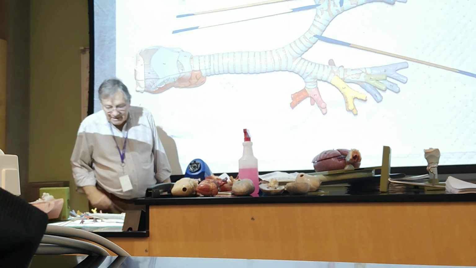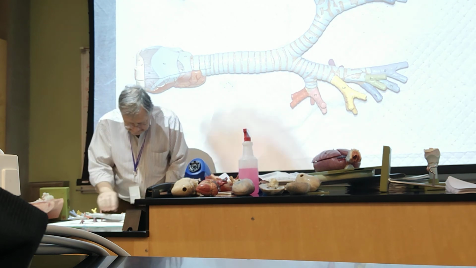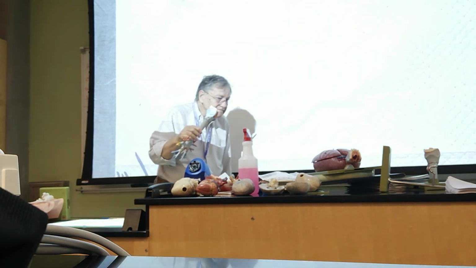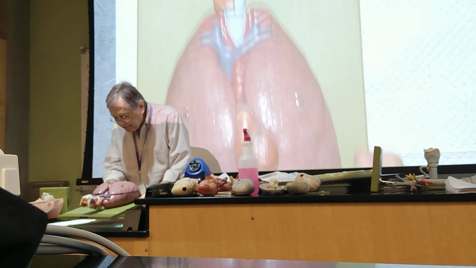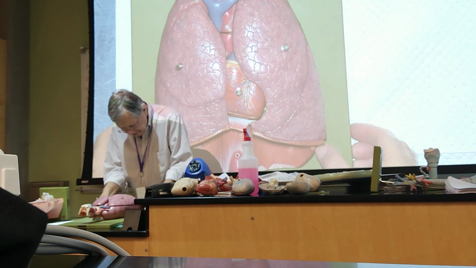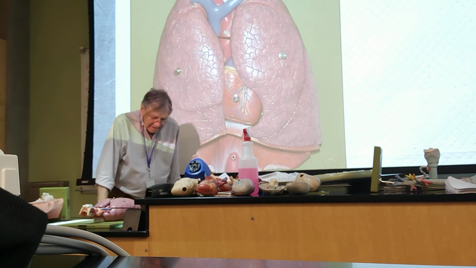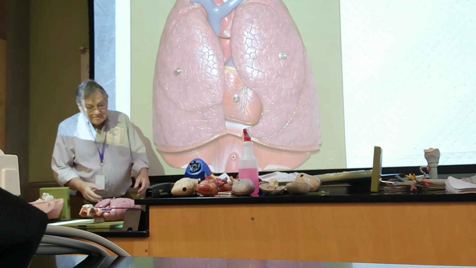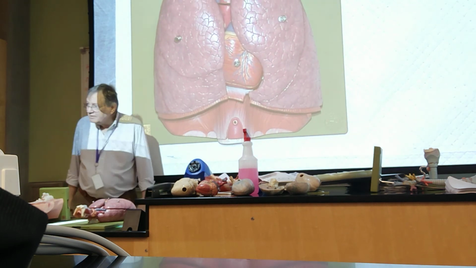Okay. And last, the last model for today is the model that you've seen before. It's the thoracic model, but this time we're going to talk about your lungs. You have, hopefully, left and right lungs.